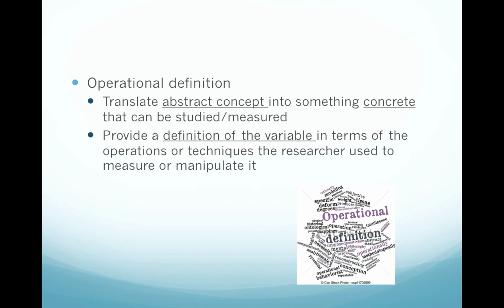So depending on what your research question is, it might really be important to operationally define your variable, right? If you maybe want to look at how being a successful person influences your health status, you probably wouldn't want to just look at a person's income as a measure of success because it's probably not a good predictor of health outcomes.